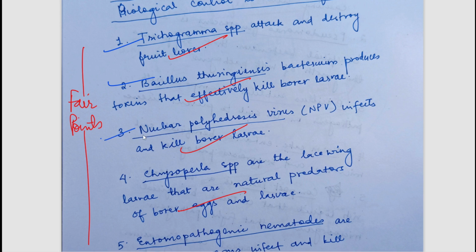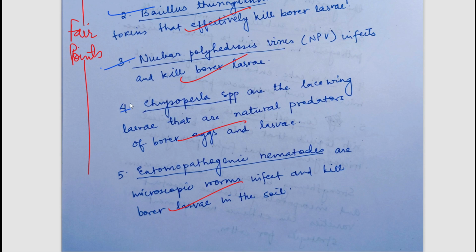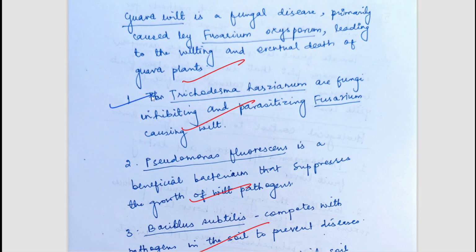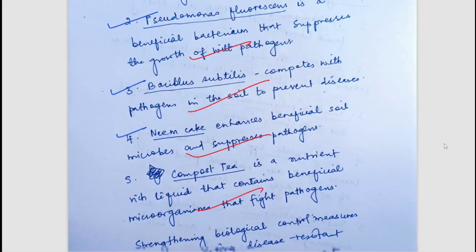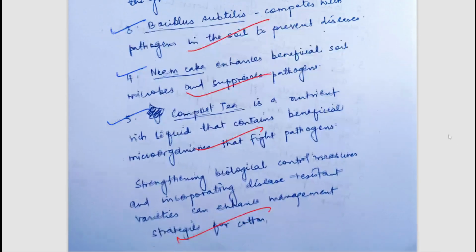And NPV can be used, that is nuclear polyhedrosis virus. Entomopathogenic nematodes can be used. For guava wilt, again, you can use Trichoderma species, Pseudomonas species, Bacillus species, neem cake, all these things can be used. Compost tea can be used. So you can simply pause and read.